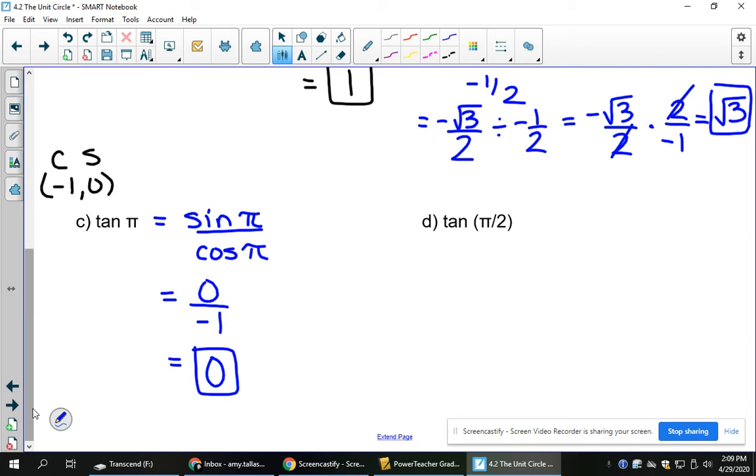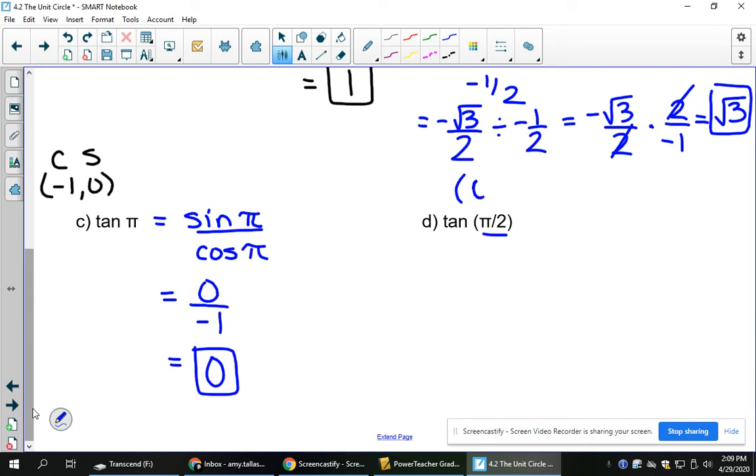So let's try tan of pi over 2. If pi from the last question was 180 degrees, and this is half of pi, what's half of 180 degrees? 90 degrees. What is the point on the unit circle that's 1 unit away from the origin on the positive y-axis at 90 degrees, or pi by 2?